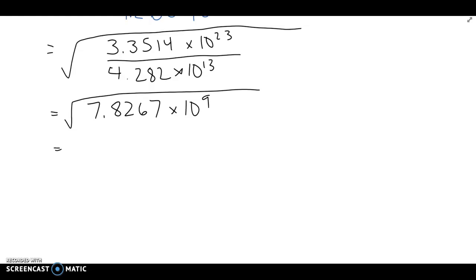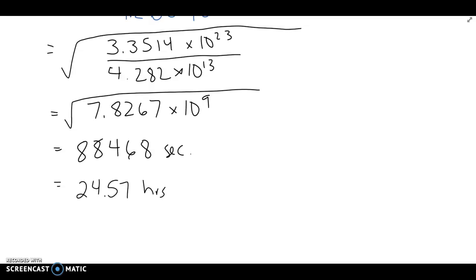And then we do the square root of that, and we get 88,468 seconds. Or some of you then converted that to hours, 24.57 hours. I took either answer.